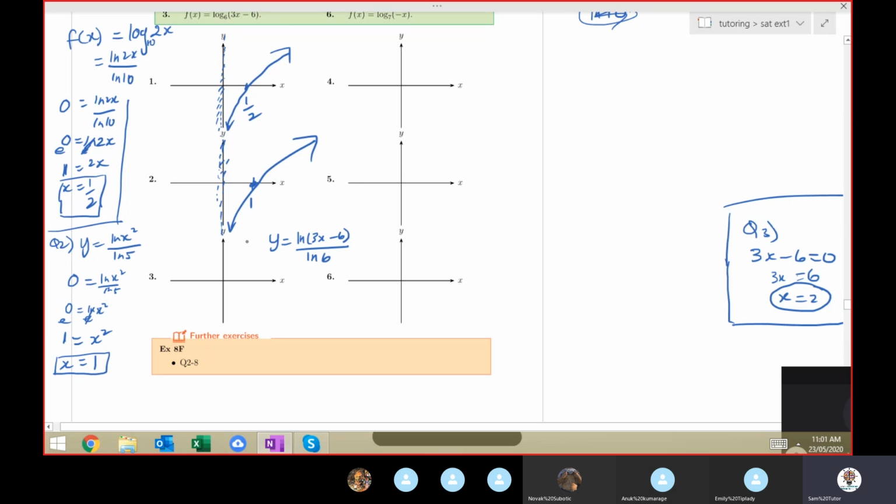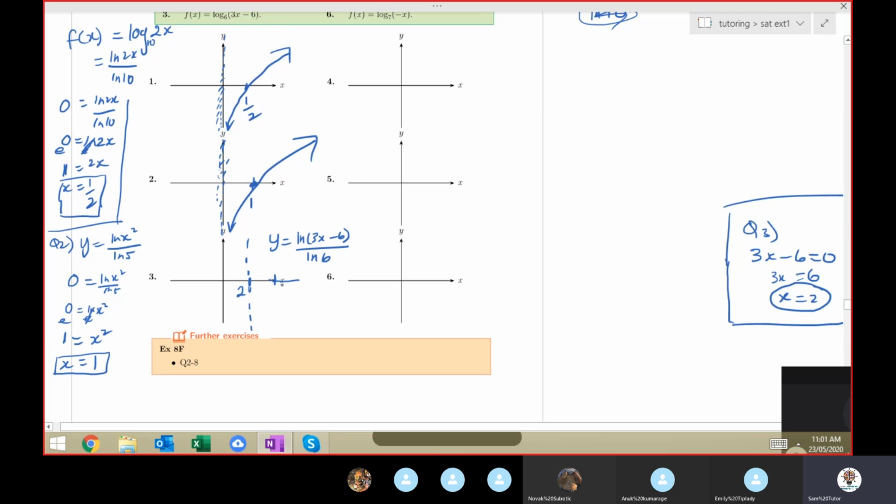I understand that my whole graph has been shifted 2 units to the right. And then of course you would start solving to make sure you can get your x-intercept, and then we should be good.